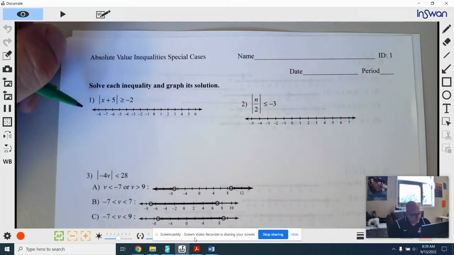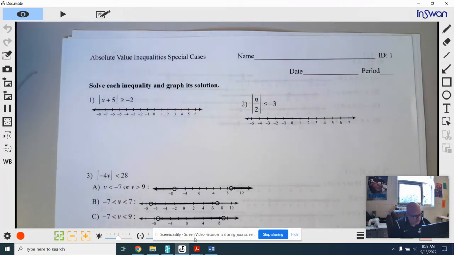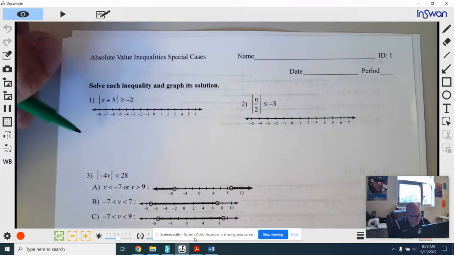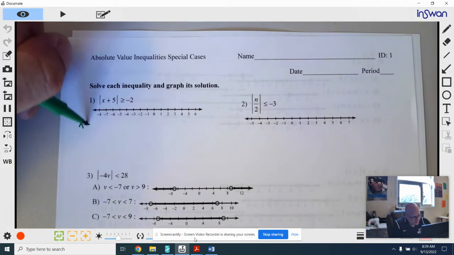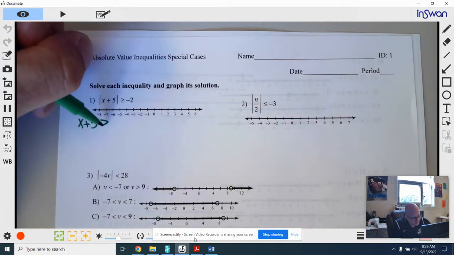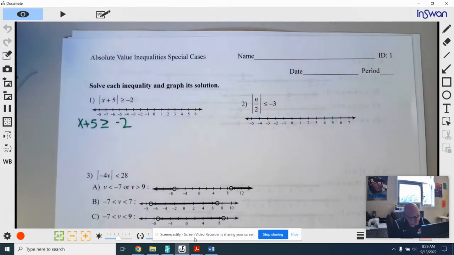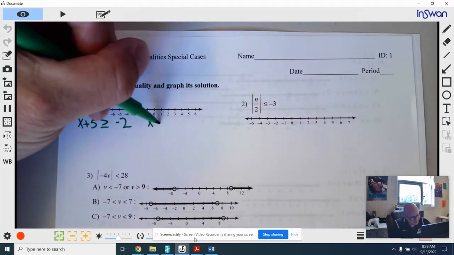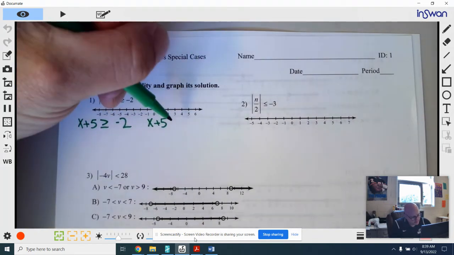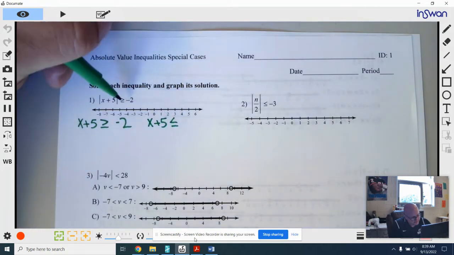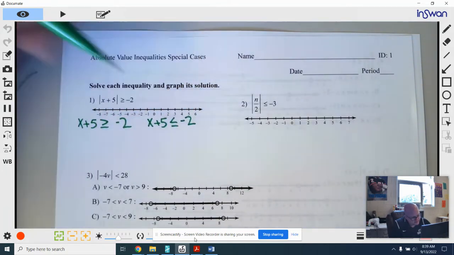So, if I look at number one, again, our goal is to isolate the absolute value bracket. In this case, it's already isolated. So, I can go ahead now and rewrite. I got the first one, come over here, rewrite it, but remember you flip the sign and you change the answer to its opposite.